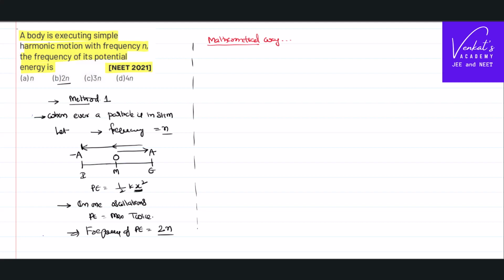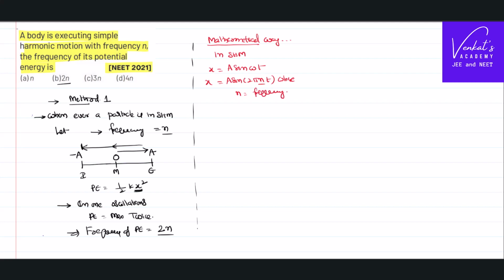When a particle is in simple harmonic motion, its displacement can be expressed as y equals a sin omega t. That is a sin omega t, where omega is 2 pi times n, and n is its frequency.